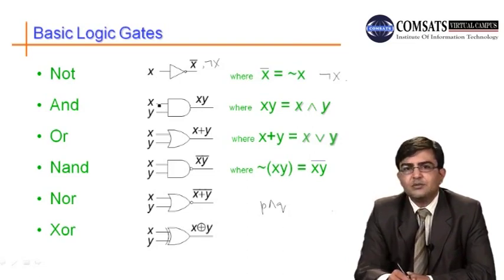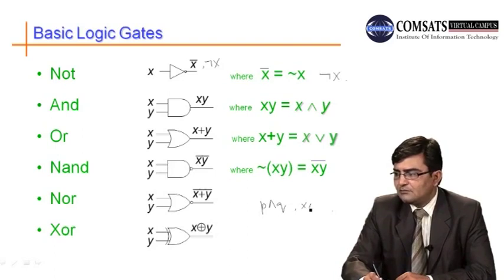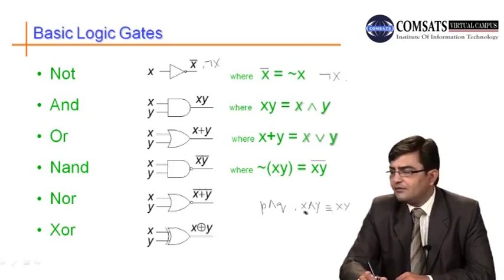It has two inputs, x and y, or you can say P or Q, and the AND logic gate form is like this. Its output is xy. We can write xy, or we can write x and y. This is basically the abbreviated form of x and y.